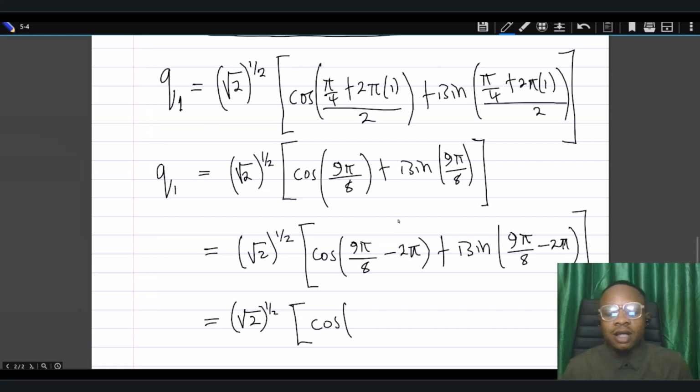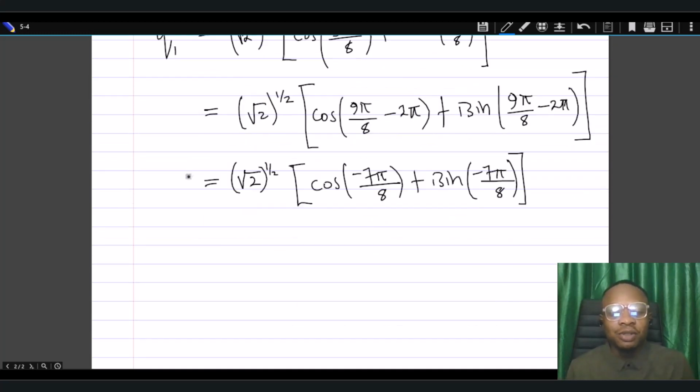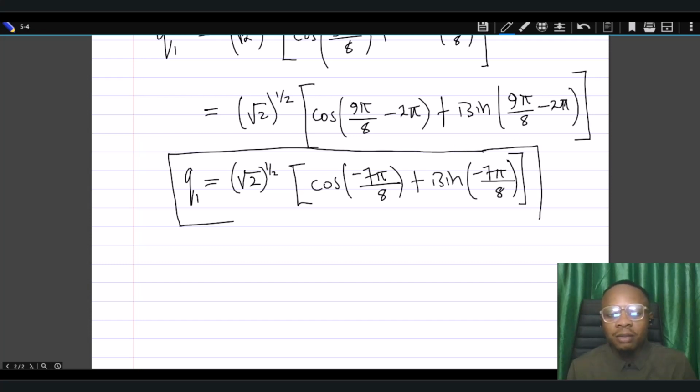So this will be cosine of minus 7 pi divided by 8, then plus i multiplying the sine of minus 7 pi divided by 8, and we close this bracket. So with this, we have the second root of the given complex number z equals 1 plus i. These are the two roots of the complex number.